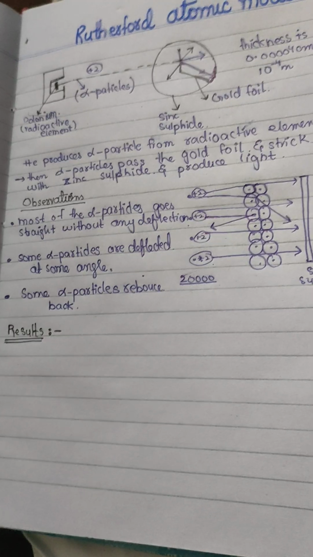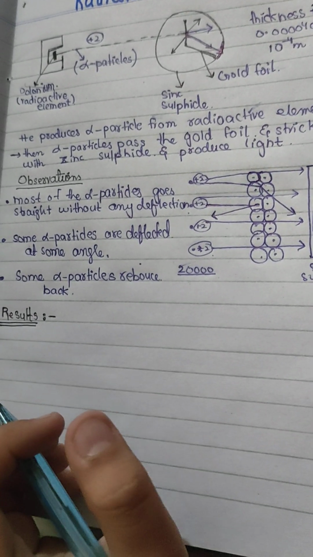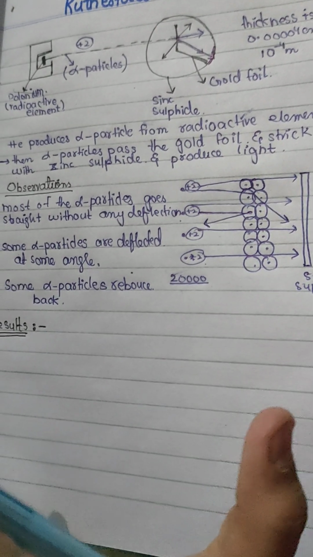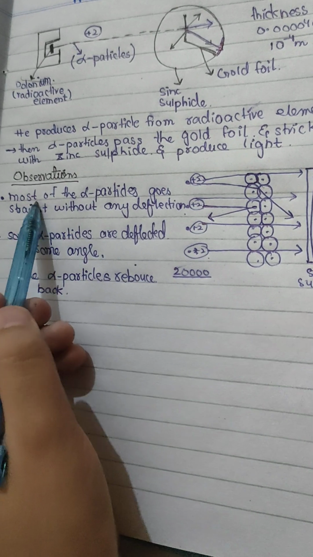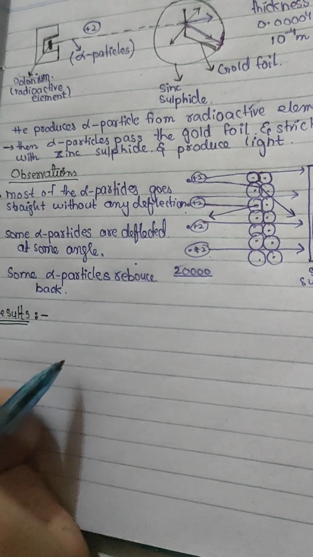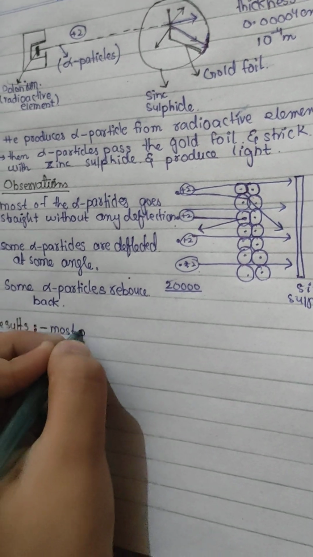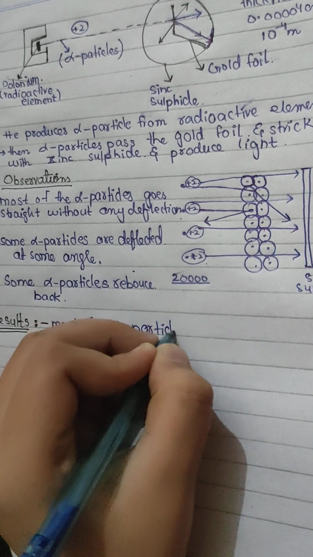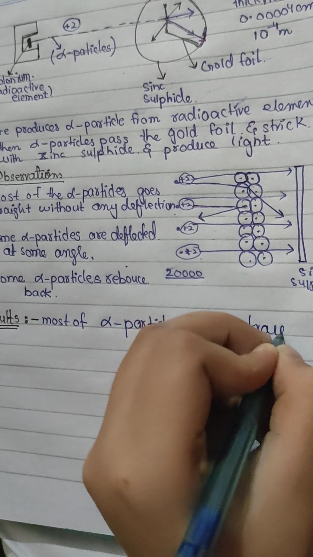In the result he said that most of the alpha particles go straight, which shows that some part of an atom is empty. Like here I said that most of the alpha particles go straight.